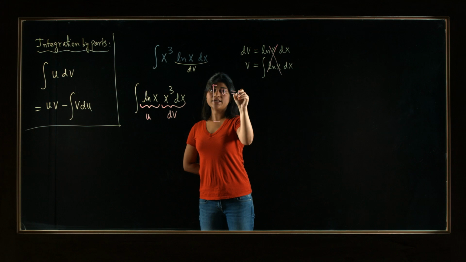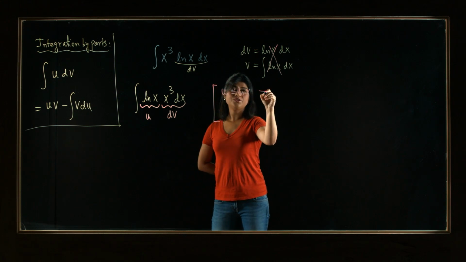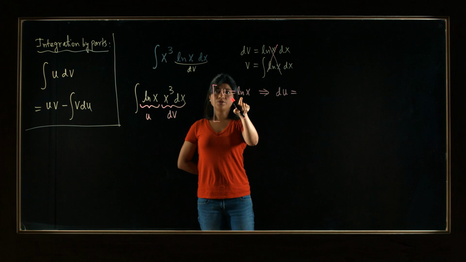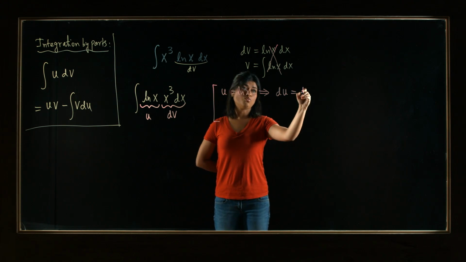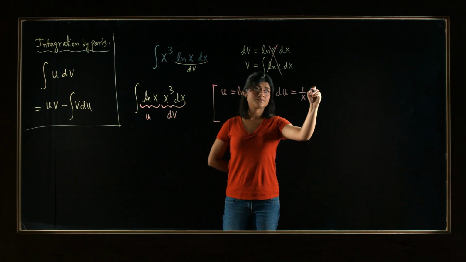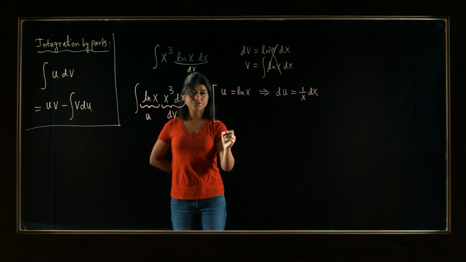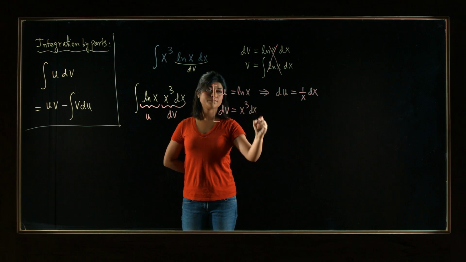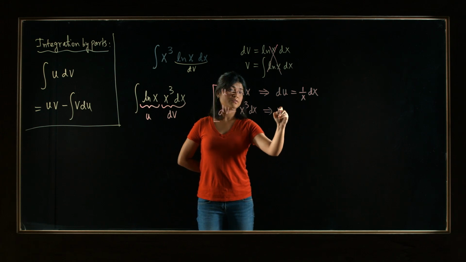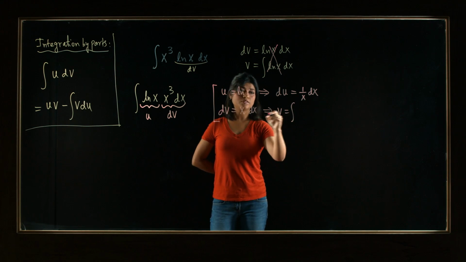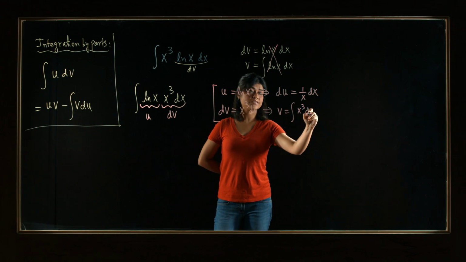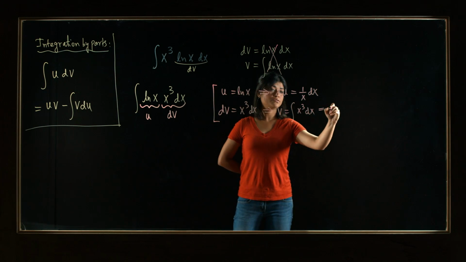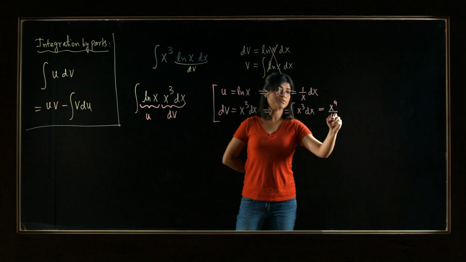So u is natural log, and figure out du right away. So du will be, what is the derivative of natural log? Is 1 over x dx. And then your dv is x cubed dx. So v is integral of x cubed dx, and that is equal to, using the power rule of integration, x to the 4 over 4.